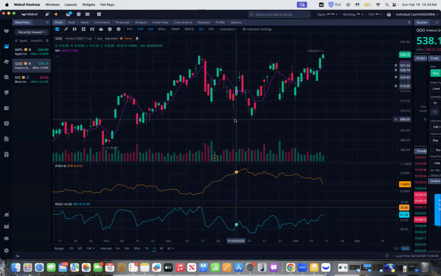They don't have all the indicators that TradingView has, which is what I use primarily now. I'll use Webull just to set my price alert, so that once something triggers, I'm right back in it to get into whatever type of play I'm looking at. But for charting purposes, I use TradingView.